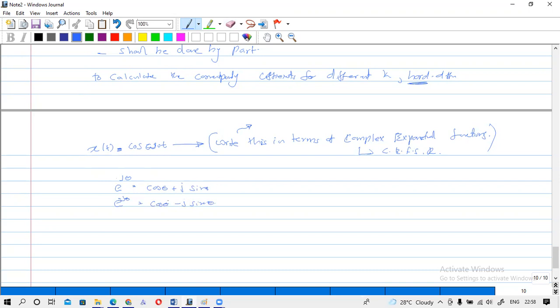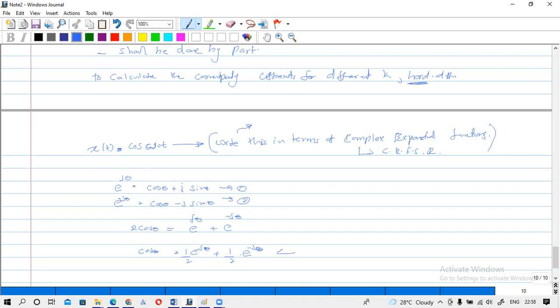If you add these two, the j sin theta terms cancel out and you will get 2 cos theta equals e to the j theta plus e to the minus j theta. So cos theta is equal to e to the j theta by 2 plus e to the minus j theta by 2.